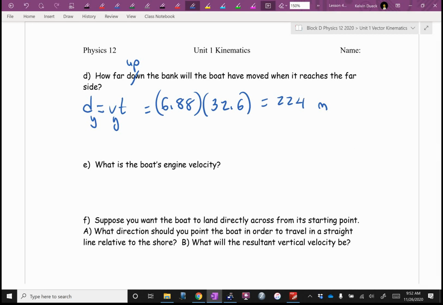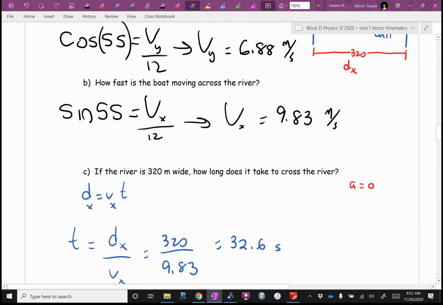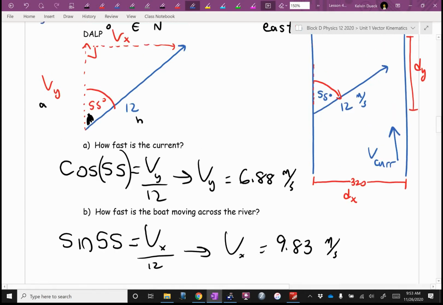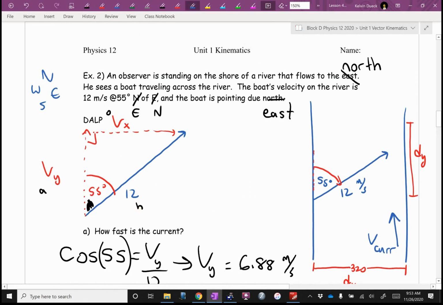What's the boat's engine velocity? I already know. 9.83 is the engine velocity, because that's which way the propeller is pushing it. 6.88 is the current. 12 is the vector sum of those two, but that's only for that specific angle going with the current.